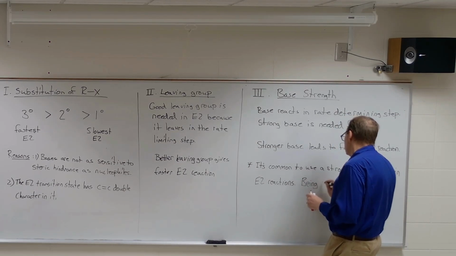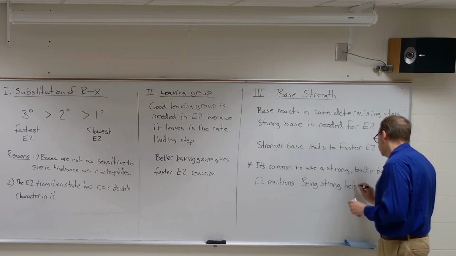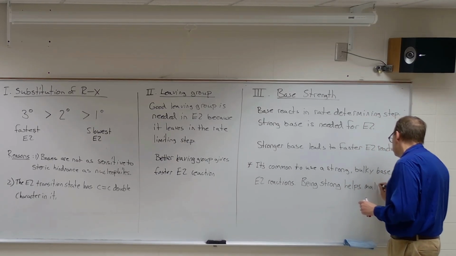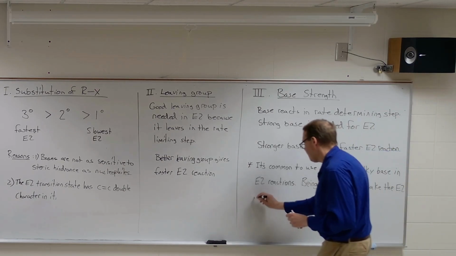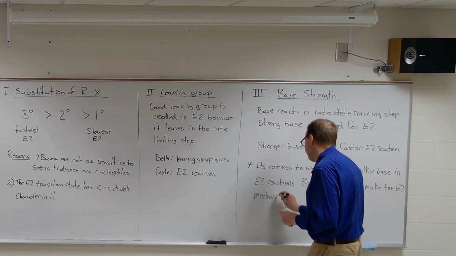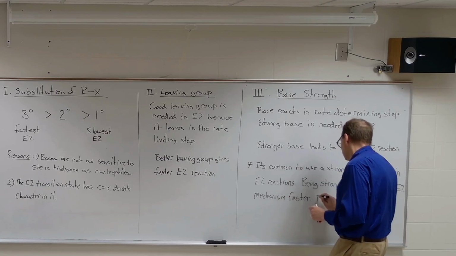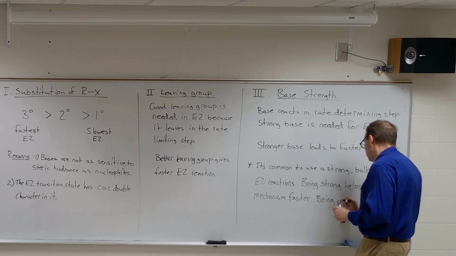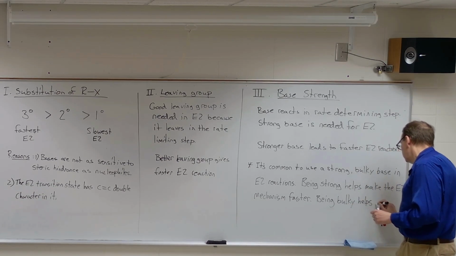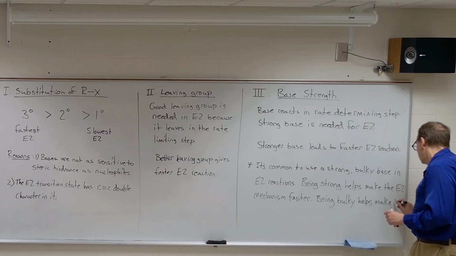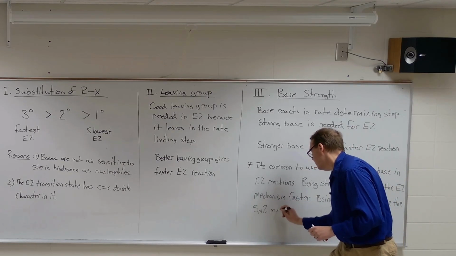Being strong helps make the E2 mechanism faster. Being bulky helps make the SN2 mechanism slower.